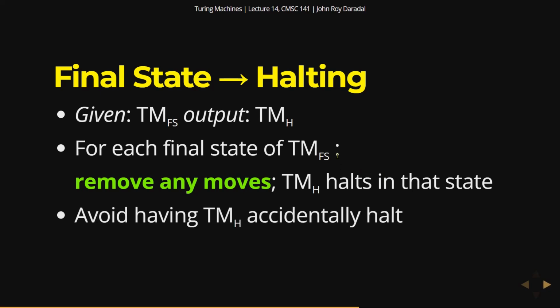And we also need to avoid having the Turing machine accidentally halt, right? Because some entries in the transition function might not be defined. So if it's undefined, it will also stop, right? And we don't want that, because stopping in a Turing machine by halting means that it's accepted. So we don't want it to accidentally halt.